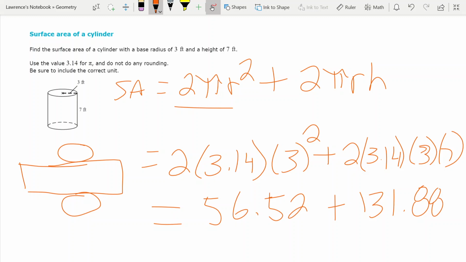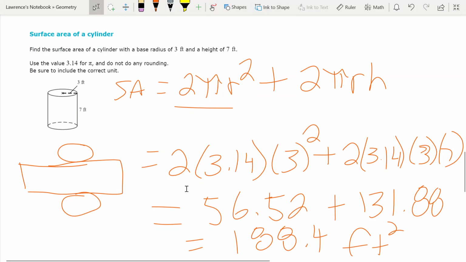And then I just add those together. So about 188.4. That's what I'm getting. 188.4 feet squared. So just break it up, find each piece, add them up. Not a big deal. It works similar to the other one, the rectangular prism. It's just circles instead. So not a big deal.